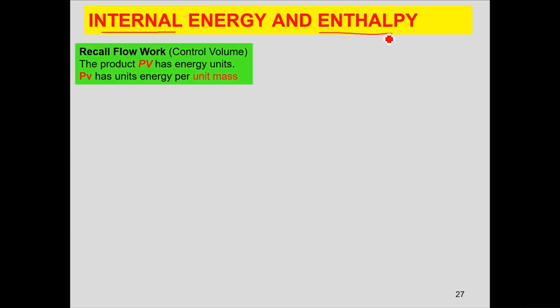So now we want to relate the internal energy and enthalpy. How do we do that? Before we establish a relationship between the two, recall that the flow work is PV, pressure times volume, which has the units of energy, joules or kilojoules, and P times specific volume has the units of kilojoules per kg.